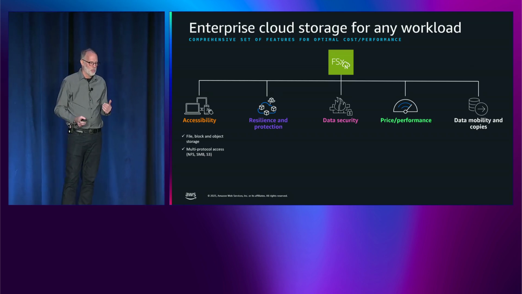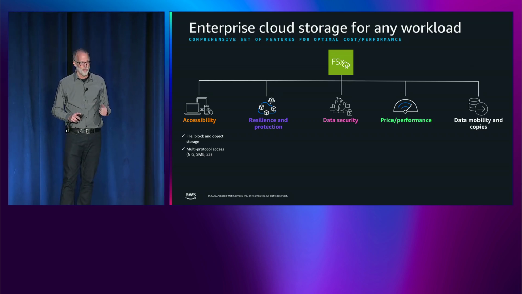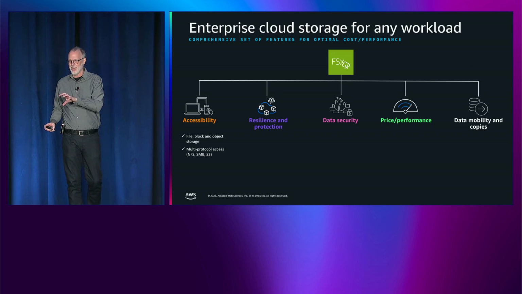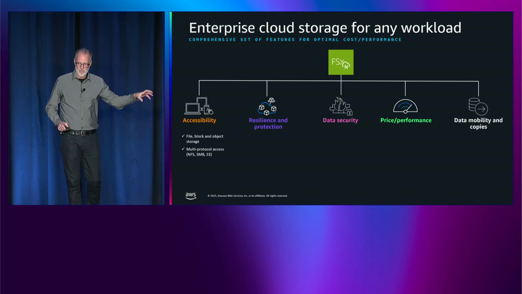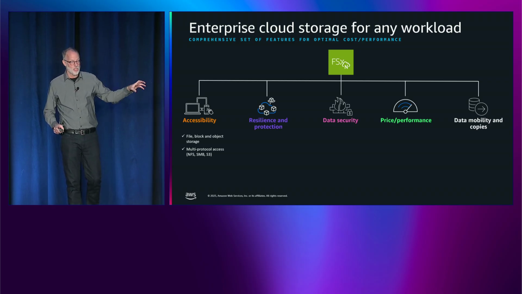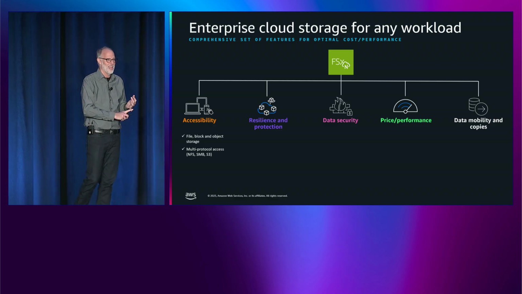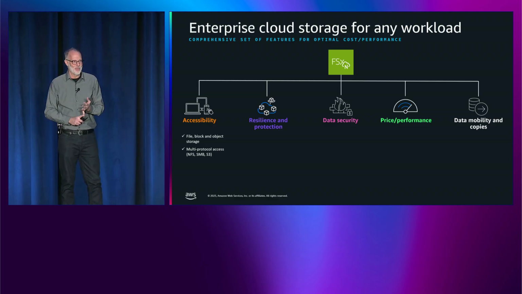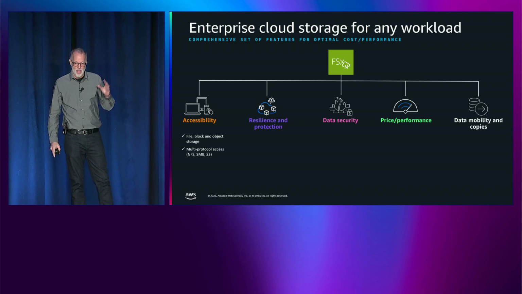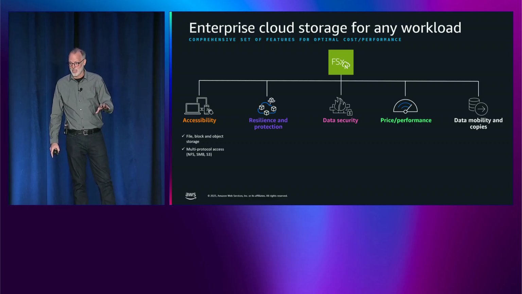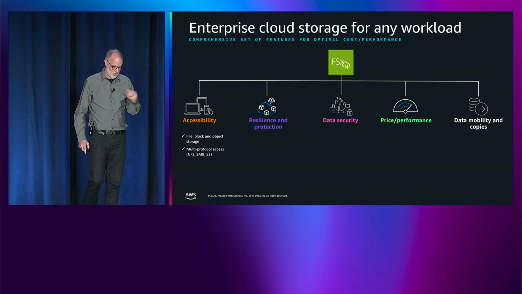Beyond block, we also support multi-protocol access. And what we mean by that is one set of data that you can access with NFS and SMB, and lots of times customers have those requirements on-prem as well. And also S3, and I'd be remiss if I didn't call that one out because that was just announced this week at the keynote.